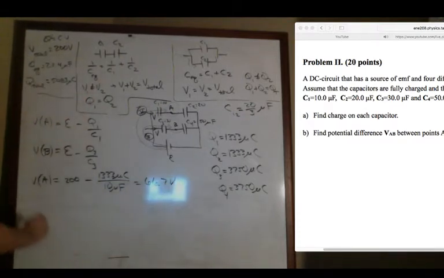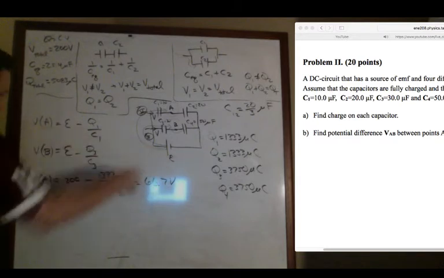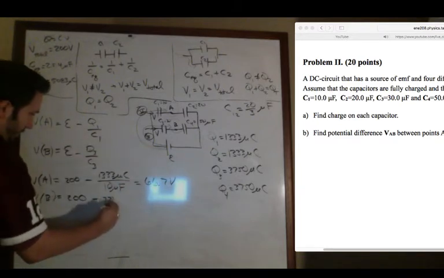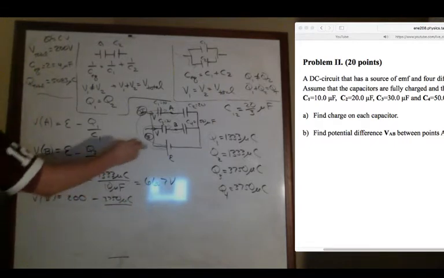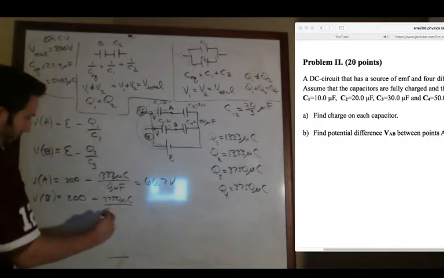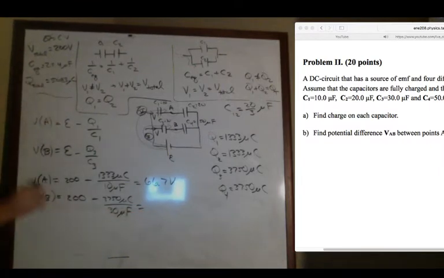Now if you want to find the V through B, this is going to be your 200 volts minus Q3, that's your 3750 microcoulombs, divided by C3. C3 was 30 microfarads. Let's go ahead and throw all that in the calculator. It's 200 minus the 3750 over 30.